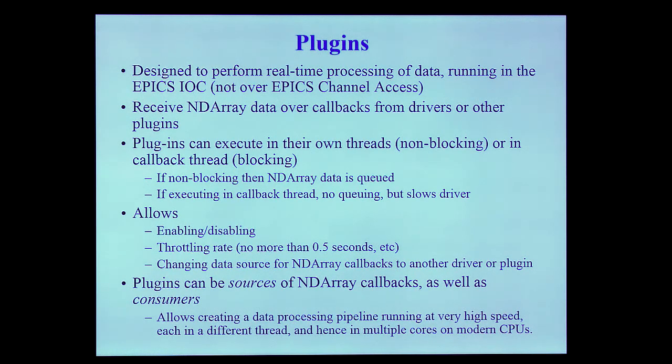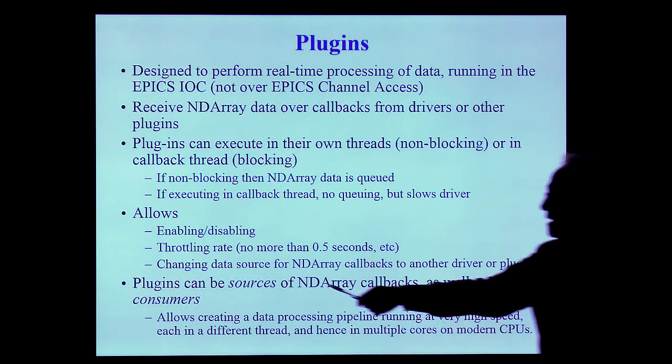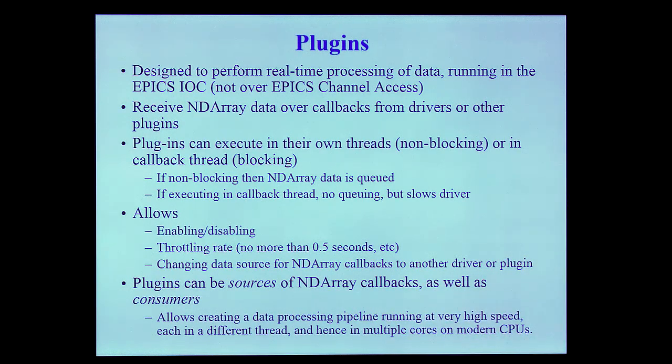Does it get it from another plugin? And as I said, plugins can be sources of new NDArrays as well as consumers of NDArrays. So you can build up a processing pipeline that runs at very high speed, because each of these plugins is running in a different thread, and on a machine with multiple cores, they're each running on their own core.